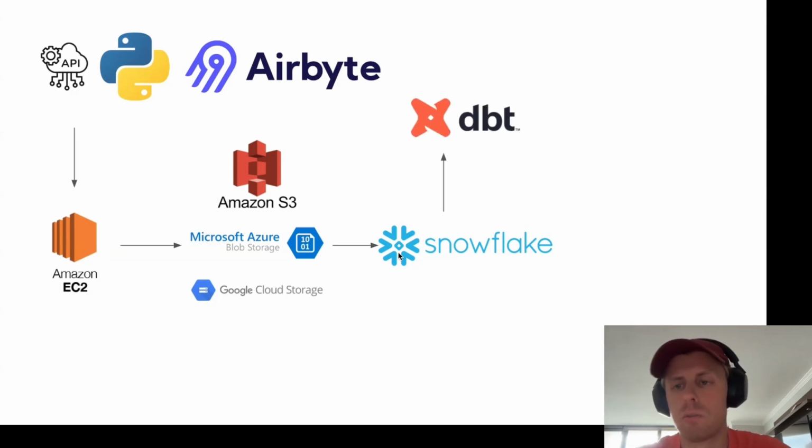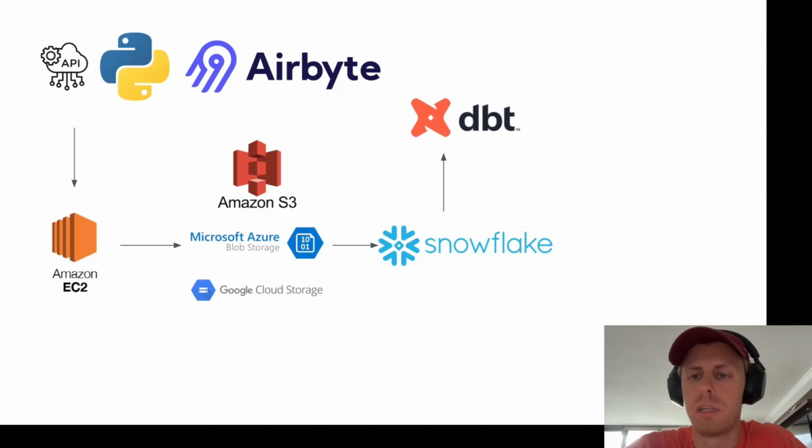Then we use one of our favorite tools, dbt, to build really well-crafted data models to be used in analysis. So for example, you might get data out of your ERP system like NetSuite or Sage that has all of the core information that you care about, but it's at a very granular level and might not be very easy for your team to actually analyze.